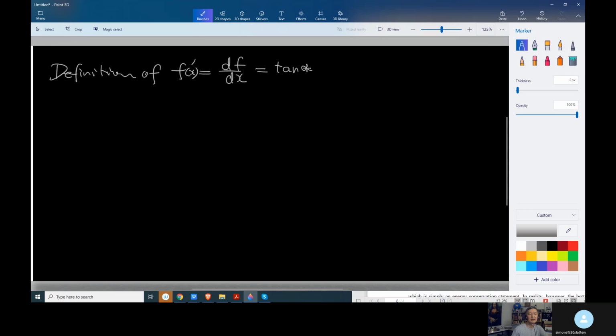But in terms of the definition, whenever you see this notation df dx, we actually mean a limit. Lim for limit.